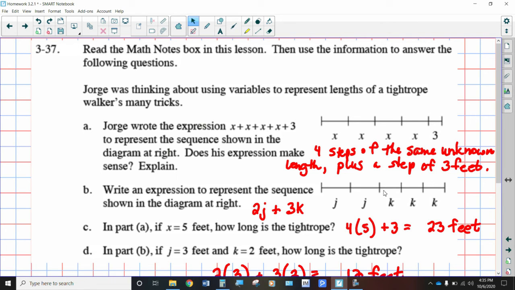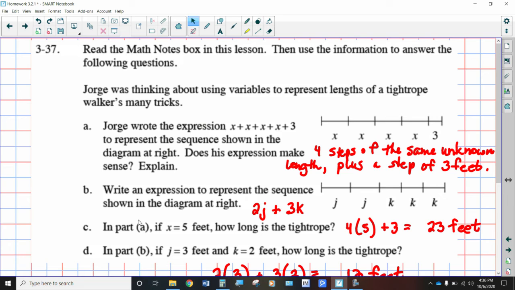Now it says write an expression to represent this. And so you've got 2 unknowns here plus another 3 unknowns there. And we can't call them 5 unknowns. I mean, they are 5 unknowns, but the j's are a different length of step than the k's. So we want to separate those into 2 j's plus 3 k's.